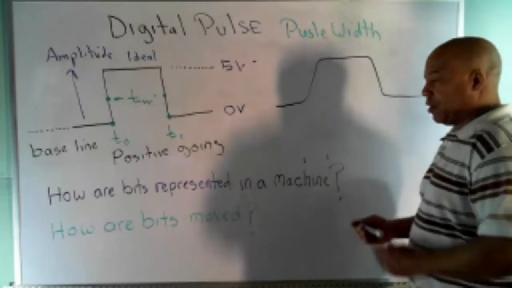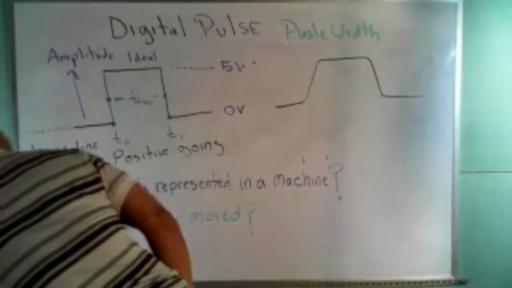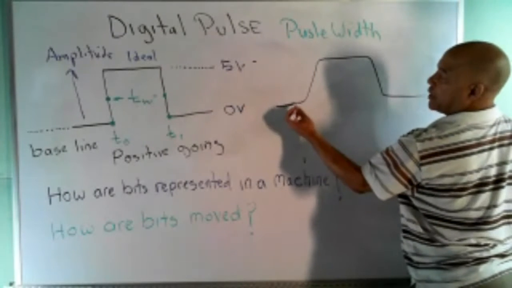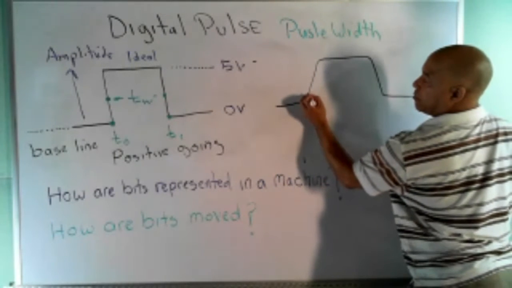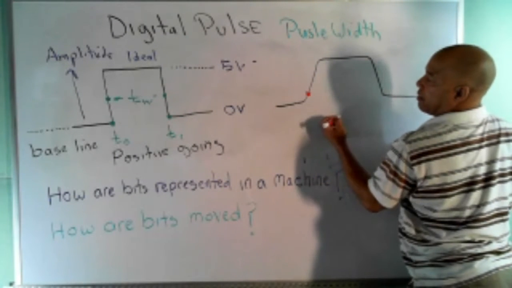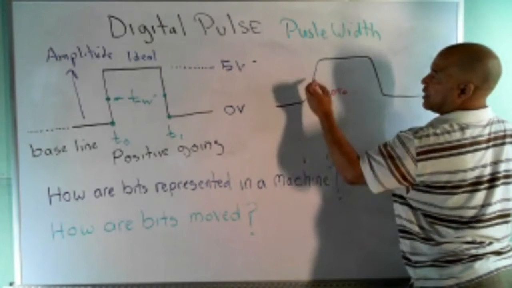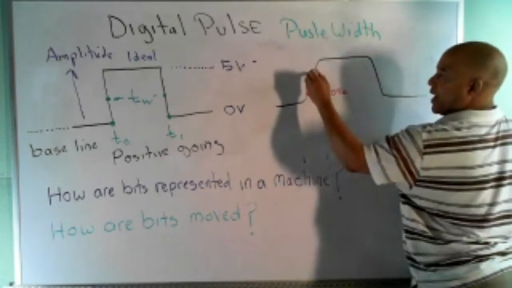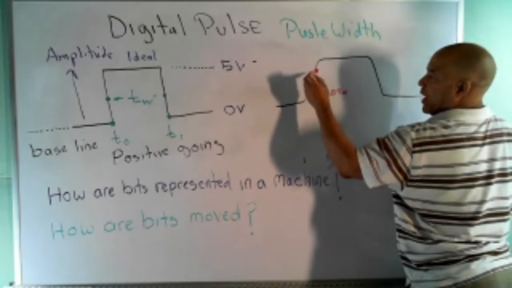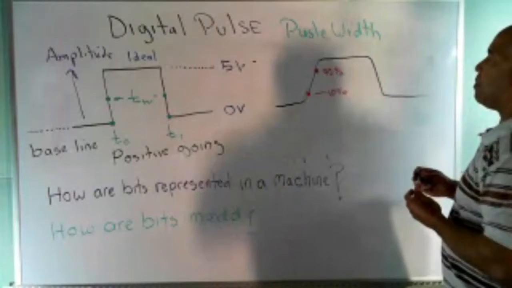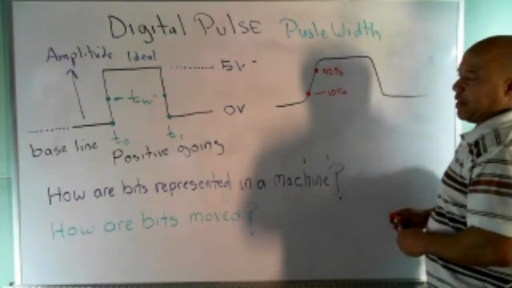And so what we do when we want to make measurements, we go about 10% up from the baseline, and we take a value there. So we go 10% up from the baseline, and we go 10% down from the amplitude. And then we take our measurements there.